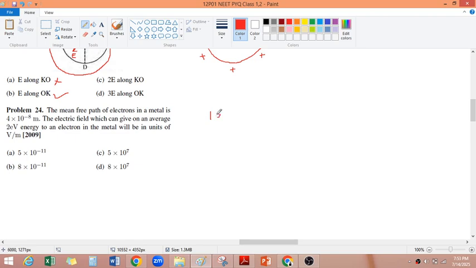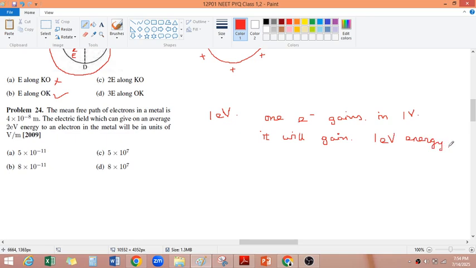If I take 1 electron volt, what is the meaning of that? It means the electron will gain, 1 electron gains this much energy in 1 volt, right? 1 volt will give 1 electron volt of energy.